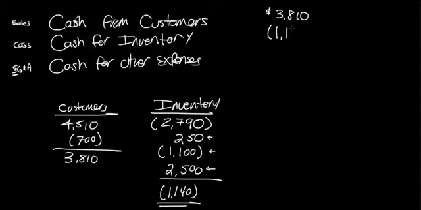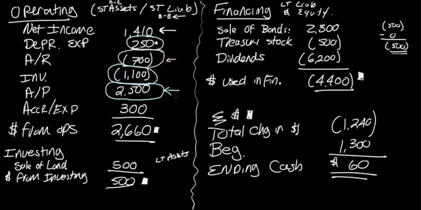So negative 1,140, and let me look at my other expenses. Again, we want to start directly with the income statement. So the number I'm going to pick up is 310. That's for the SG&A. Go back to my indirect method. The only account that is left in the operating section that I haven't adjusted for is the accrued expenses. And it is $300, and it's a positive number.